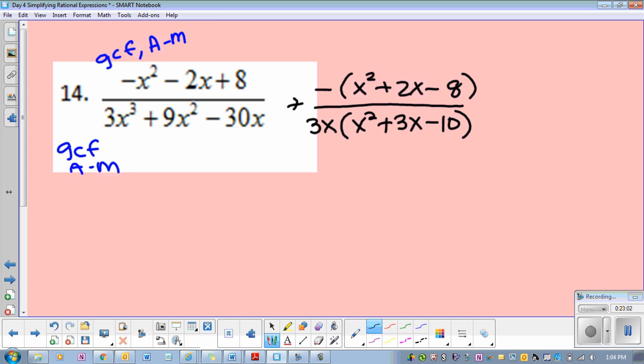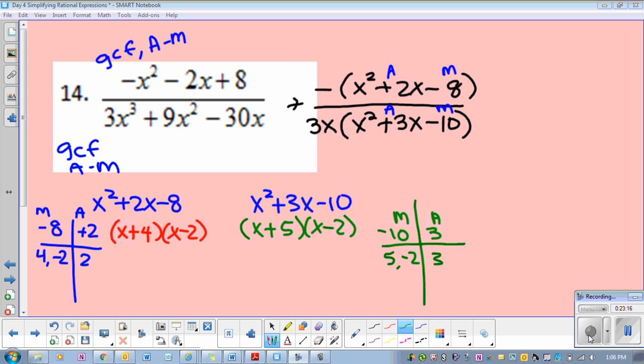Okay? And then I want you guys to take a few minutes. AM factor the top and the bottom. Alright, so you guys are doing a great job of factoring. So, let's see. Keep that negative there. I mean, that's your GCF, right?